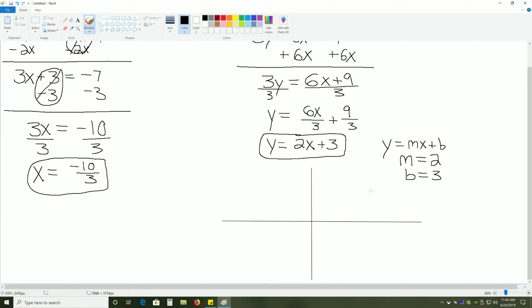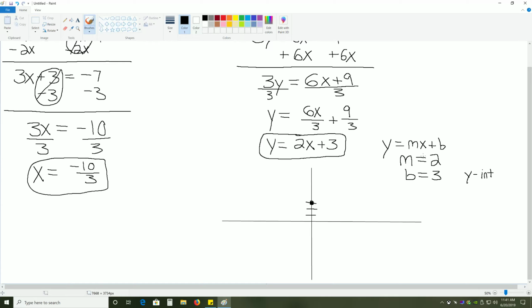These numbers are important because b tells you your y value on this y-axis, meaning if we go up 3 points on our graph, we can place a point at y equals 3, and that represents this b value. It's also called the y-intercept, where the graph hits the y-axis.